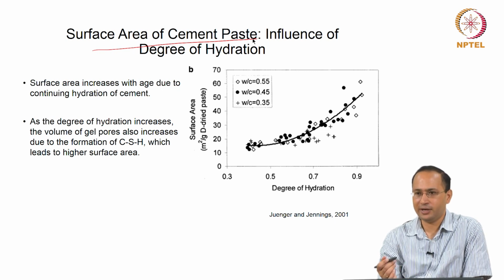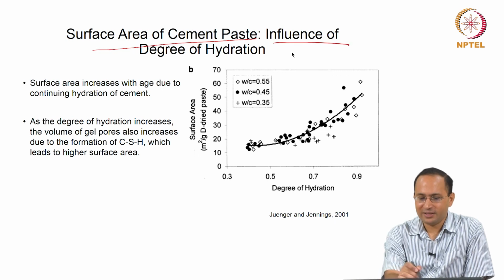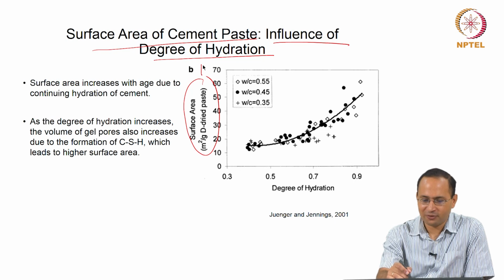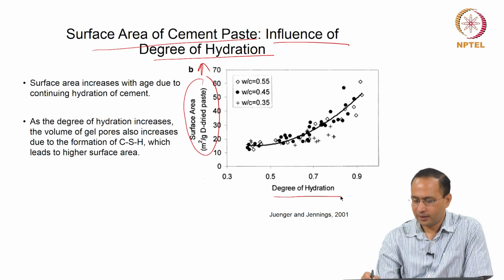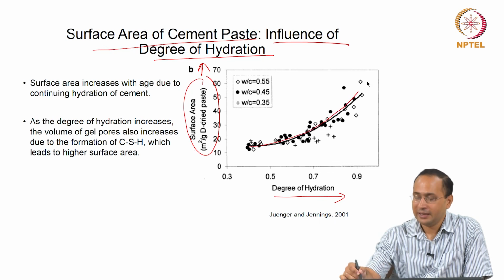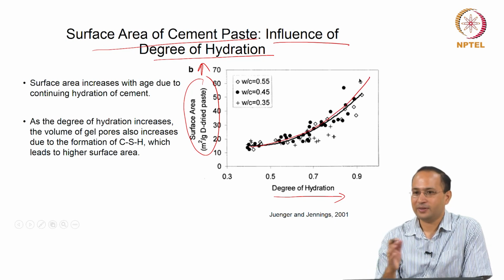We know that cement hydrates, you have formation of calcium silicate hydrate with time. So, degree of hydration increases with time. So, what is the influence of degree of hydration? Here you see on the y axis you have surface area, and on the x axis you have degree of hydration. What you see is an increase in surface area as the degree of hydration increases.